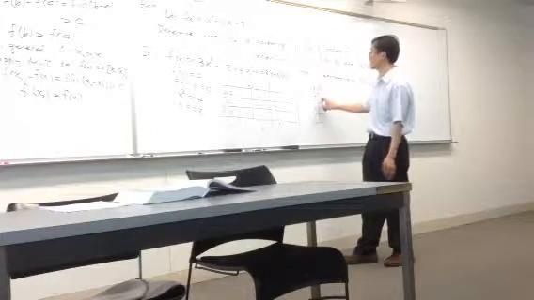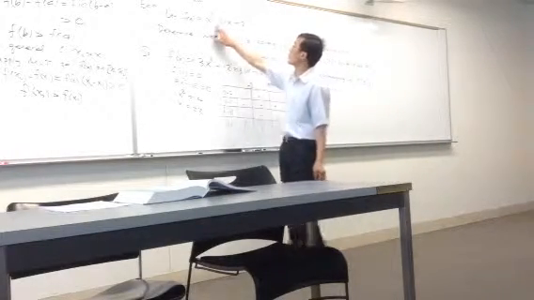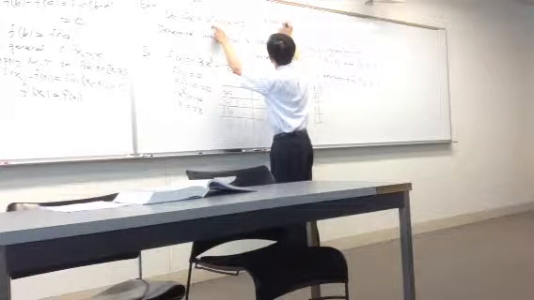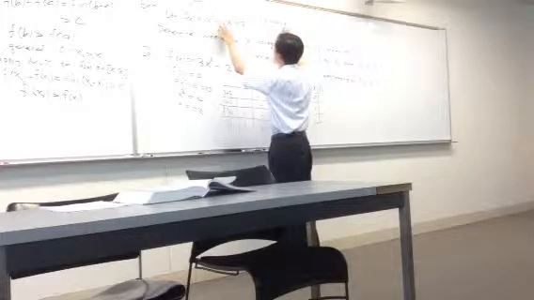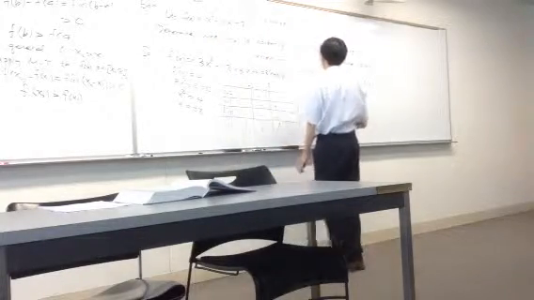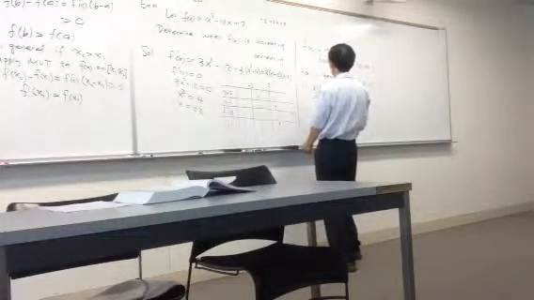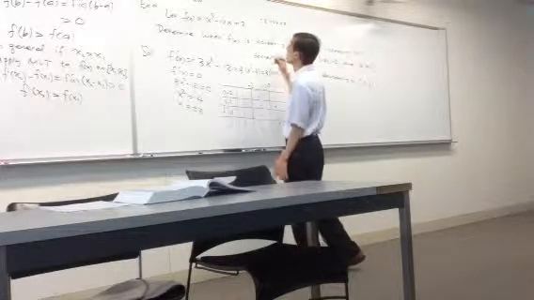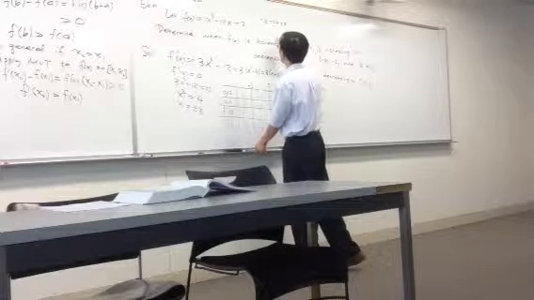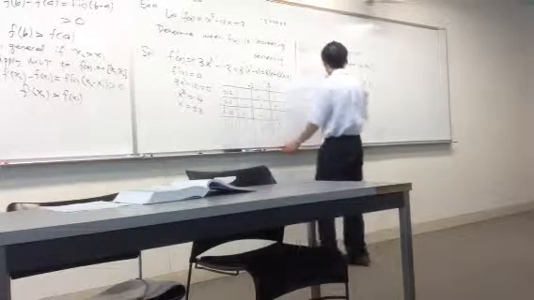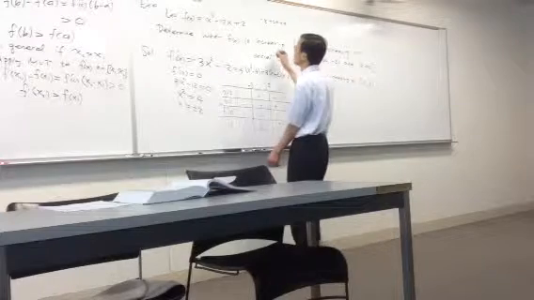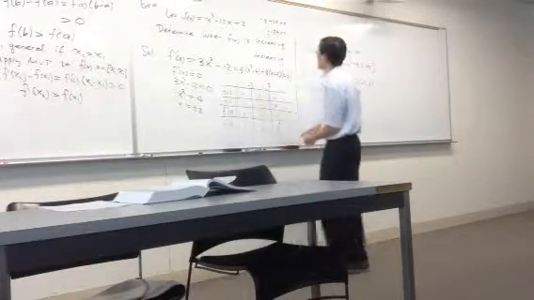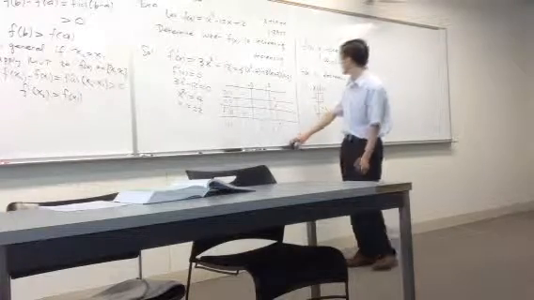So x equals negative 2 gives you 18. X equals 2 gives negative 2? Okay, is that right? So it's negative 14, right? Negative 14.